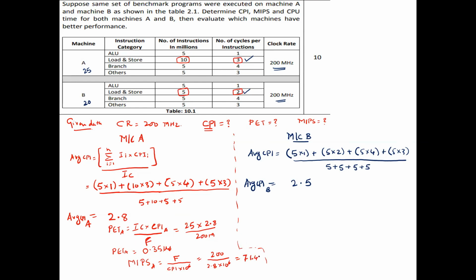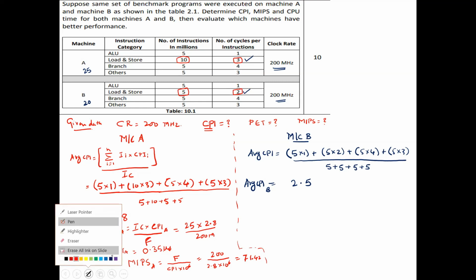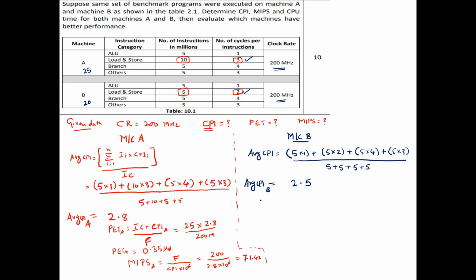71.42. Okay. Now come to machine B. For machine B, we will calculate PETB. Now what is PETB? Instruction count multiplied by CPI of B divided by frequency, clock rate. So how many instructions count do we have? 20 multiplied by 2.5 whole divided by 200 megahertz. So what is the value?